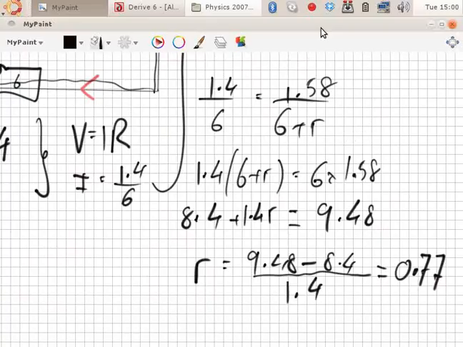So what's 6 times 1.58, please? 9.48. Okay, and then what's 1.4 times 6? It's 8.4. Okay, so to finish now, r equals (9.48 minus 8.4) all over 1.4.